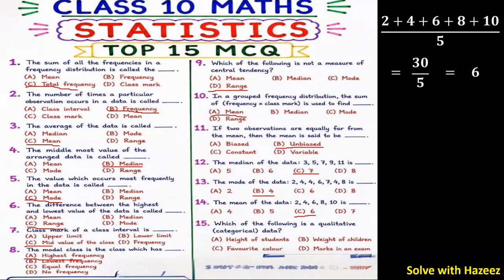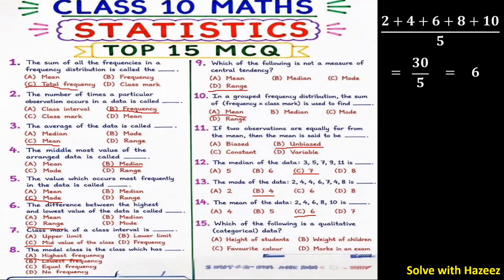The next option is option B, which is weight of children. We all know that weight of children is always given in numbers, either 140 kg, 20 kg, and so on, which is not a qualitative data. It's not talking about the quality. Those are quantitative data. Then let us skip option C. Let's move to option D, which is marks in an exam.